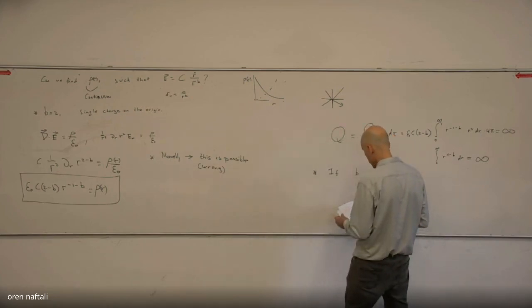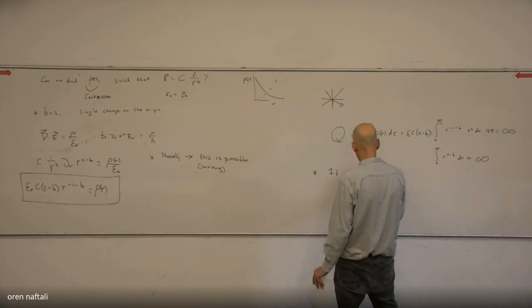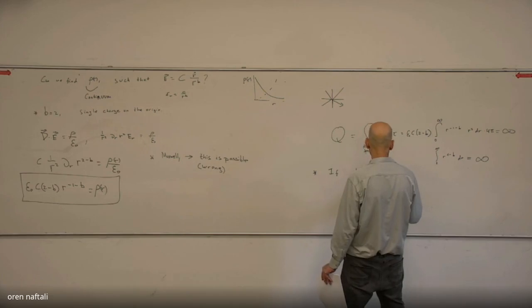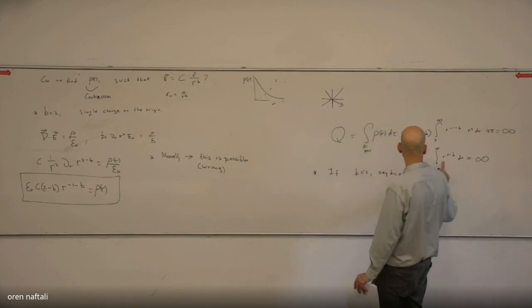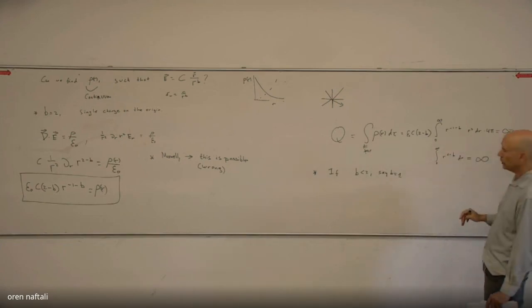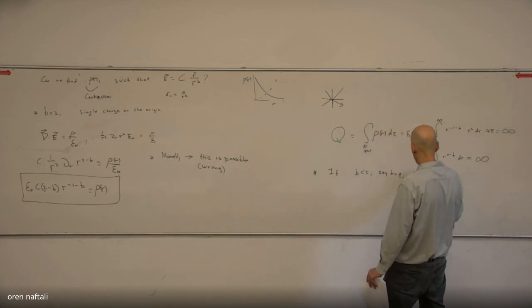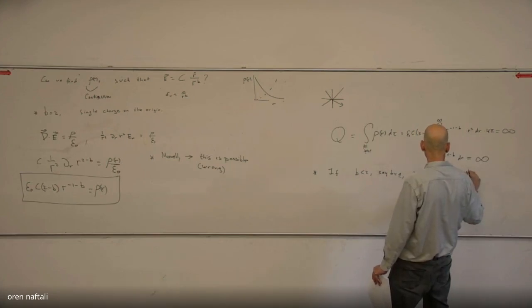If b is less than 2, say b is equal to 1 for simplicity, the lower bound is not a problem, but the upper bound is, because here I have a constant, and then the integration till infinity gives you infinity. So the upper bound is problematic.